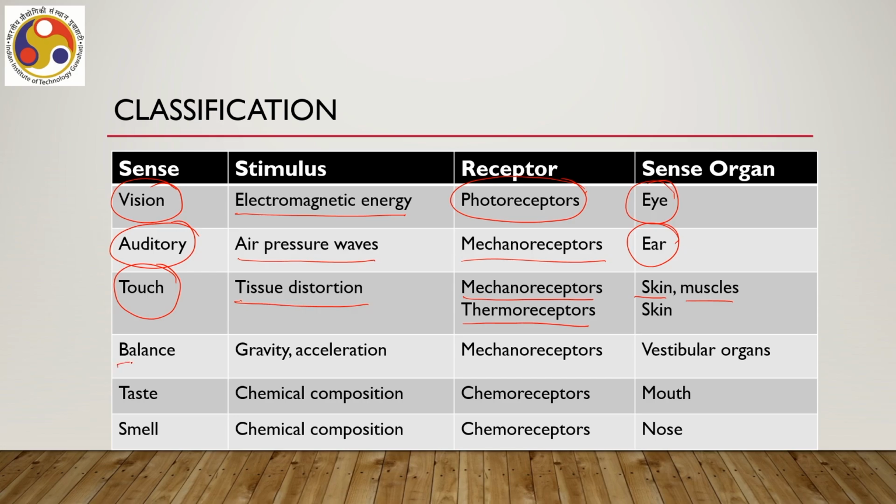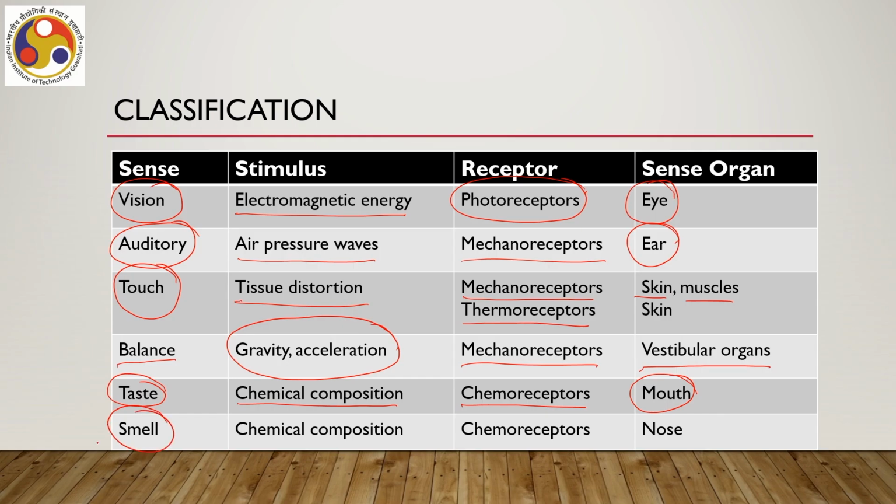Then we have balance, the sense of balance. In this case the stimuli are gravity or acceleration. We have mechanoreceptors and we have vestibular organs to act as the sense organ. Taste is there, chemical composition can be the stimulus, chemoreceptors are there, and the sense organ is the mouth.